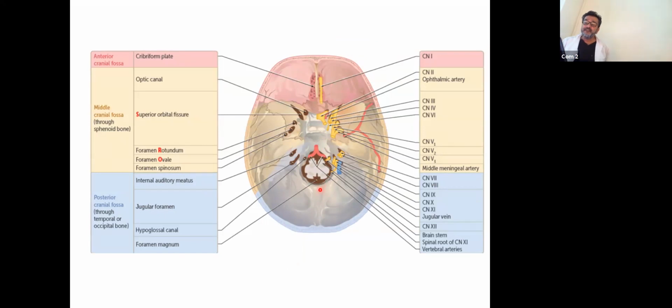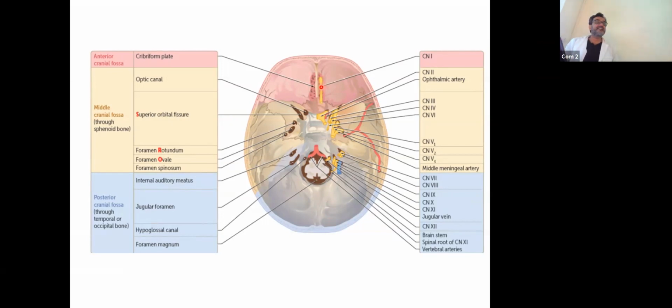If you look at the base of the skull, you would find out why these cranial nerves were numbered 1 to 12. This is the front part of the cranial cavity, and this is the cribriform plate from where the olfactory fibers are going to the brain.